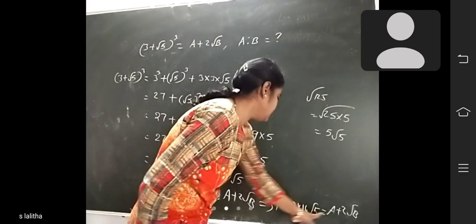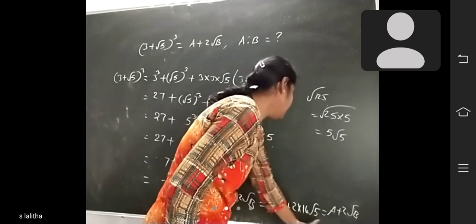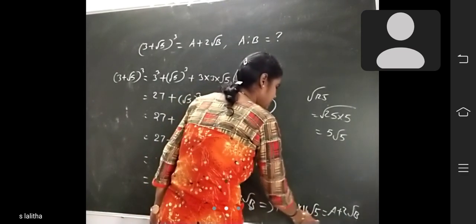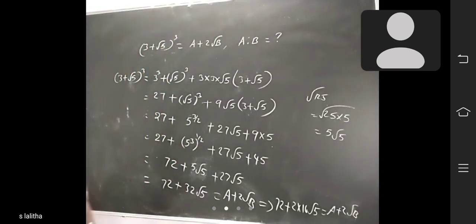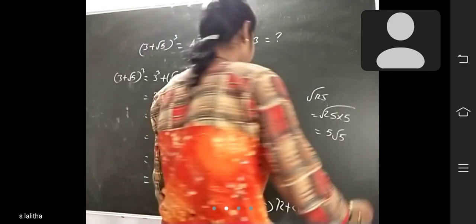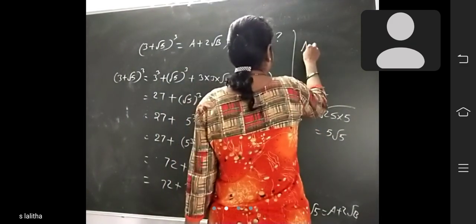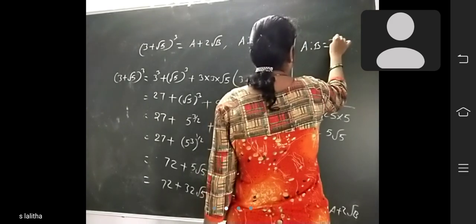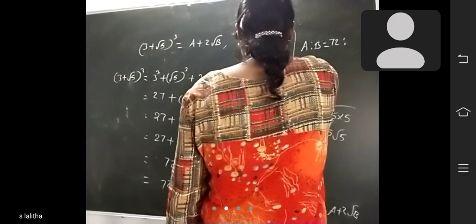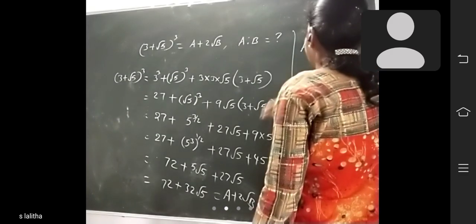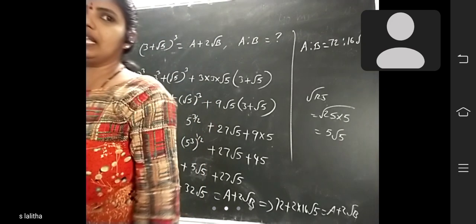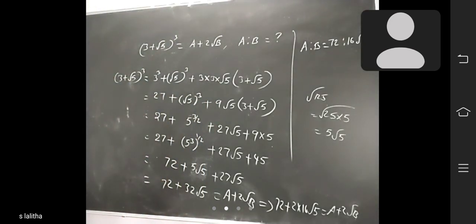So now a is equal to 72. b is equal to how much? 2 root b is equal to 2 into 16 root 5. Now a is to b value, how much will we get? 72 is to 16 root 5 is the a is to b value. Okay? Did you understand, children? Next example, see fifth example.